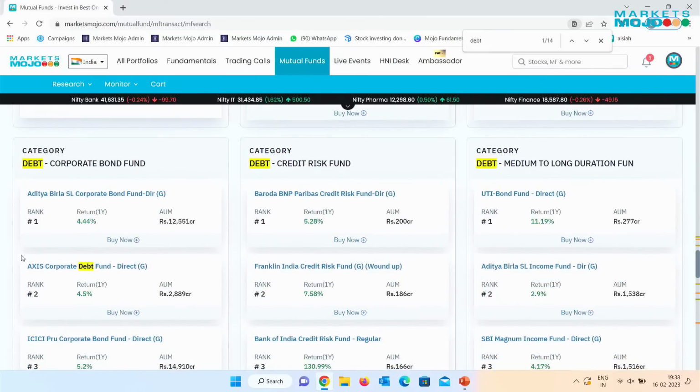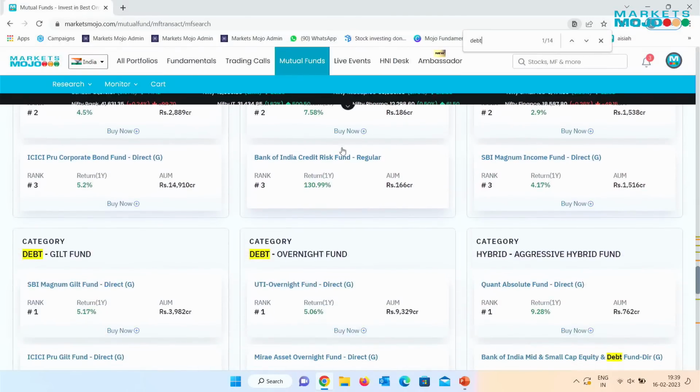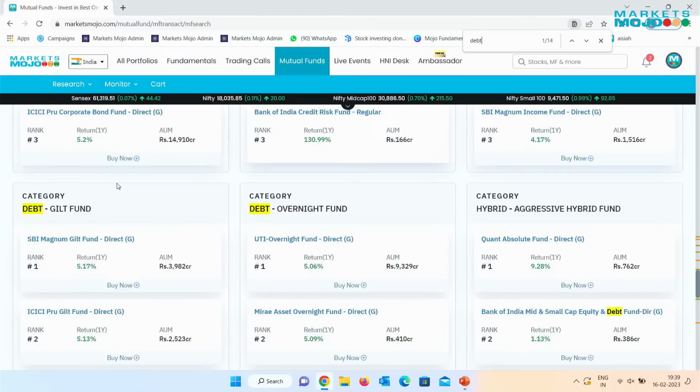Okay, then it comes to corporate bond funds, which invest 80% into AA plus corporate. So this is a relatively safer approach when it comes to debt funds. And then we have some credit risk funds, which is slightly riskier. Okay, it doesn't look at AA plus, it looks at ones below that. So it looks at credit risky companies so that you get some higher return. Okay, and then we have other things like a gilt fund. 80% of the money in a gilt fund goes into government securities.